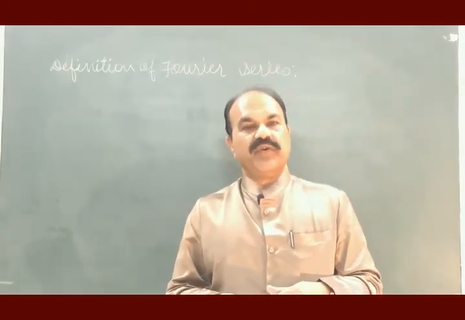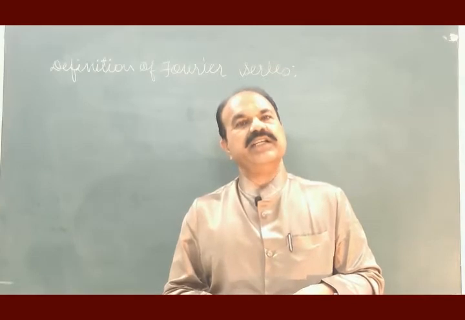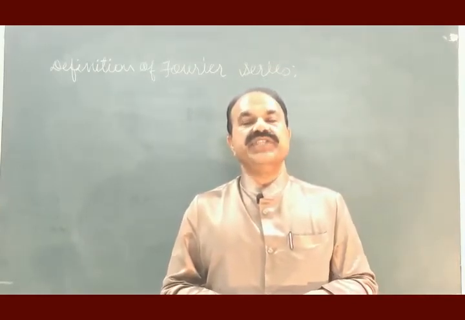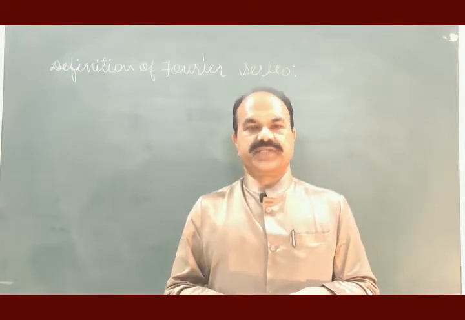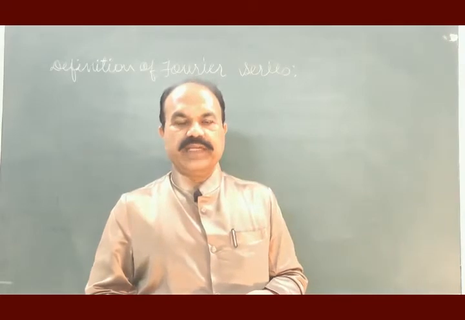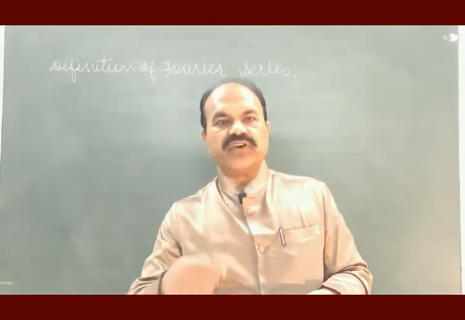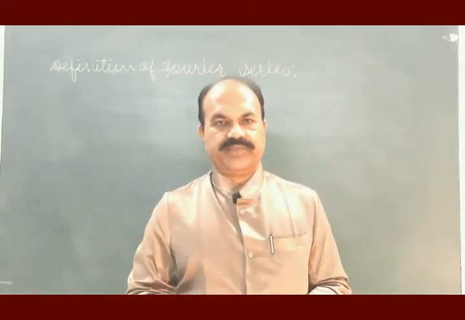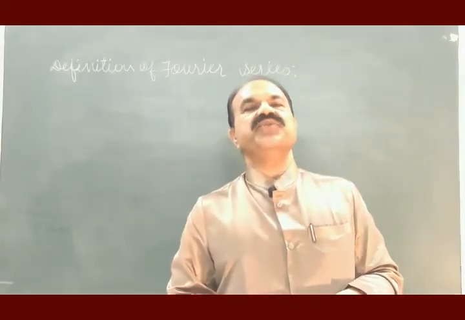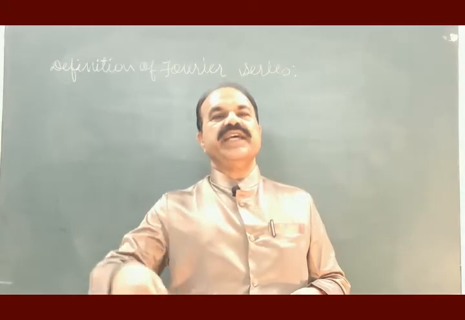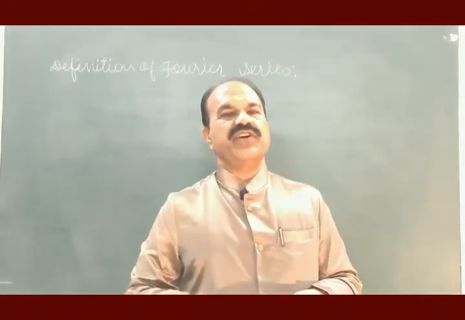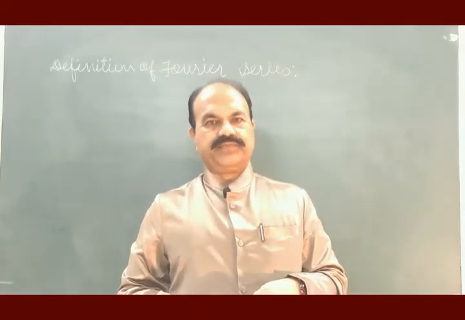This function f of x can be represented in terms of Fourier series in the form of series of sines and cosines, and so the representation of a function f of x in the form of series of sines and cosines is known as Fourier series representation of the function f of x.